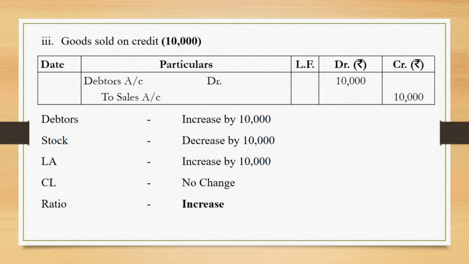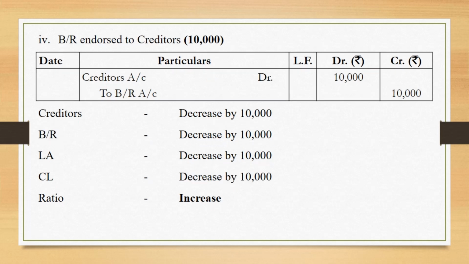Now debtors is a liquid asset, so liquid assets increase by 10,000. Because of sales, stock decreases, and stock is not a component of liquid assets, so no effect. Current liabilities again have no change, right? So therefore the ratio increases.